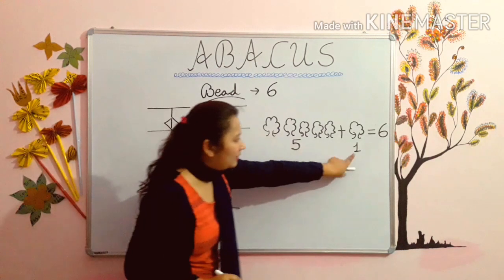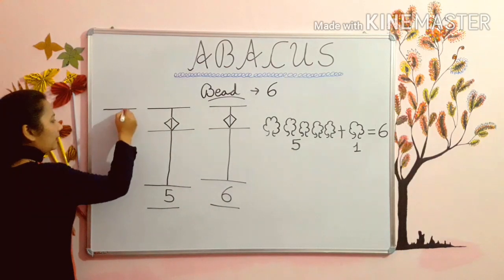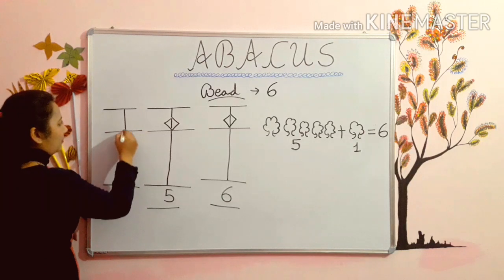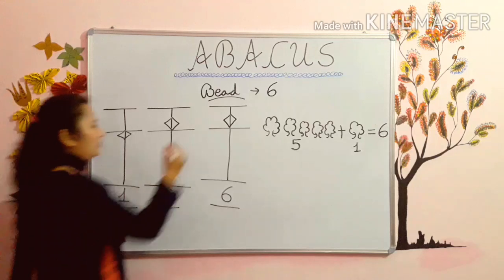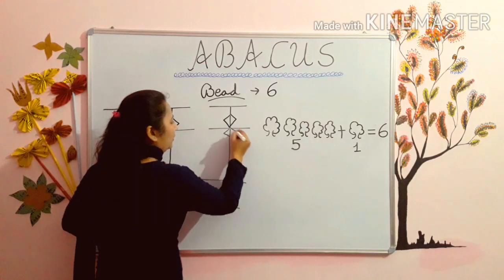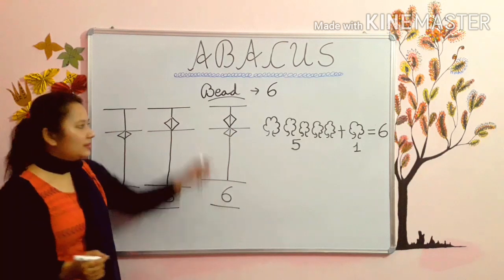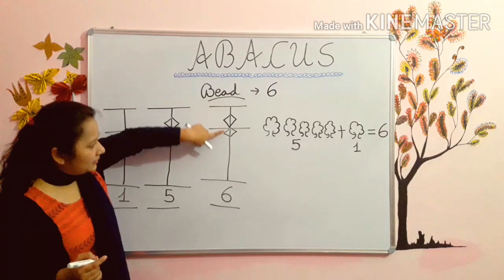Now what will I make? 1. See how we make 1? This is 1. So we will make 1. And this is 6. See, 5, count 5, 6.